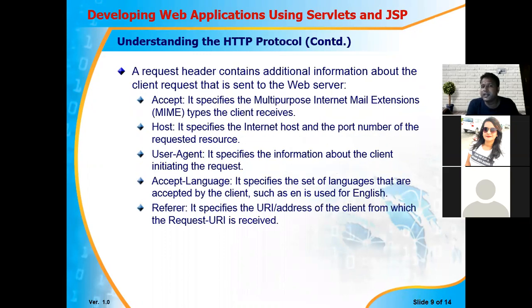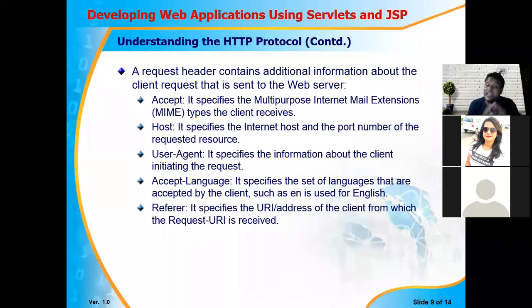The request header contains additional information about the client request. So whenever you are giving a request, it is verifying which server you are giving the request to. It contains the accept method, meaning after giving a request, which type of response you are getting. So I am getting the response of MIME type, multi-purpose internet mail extension.